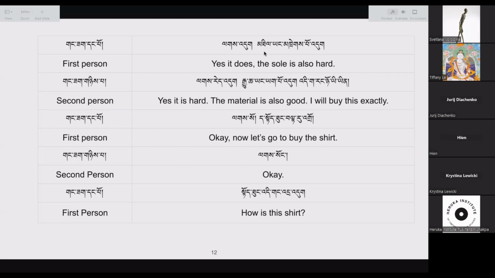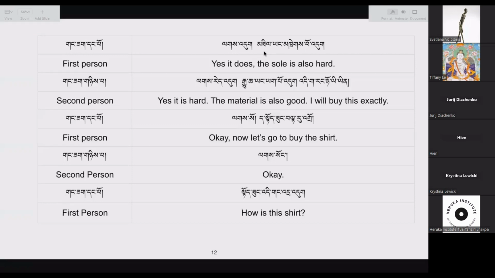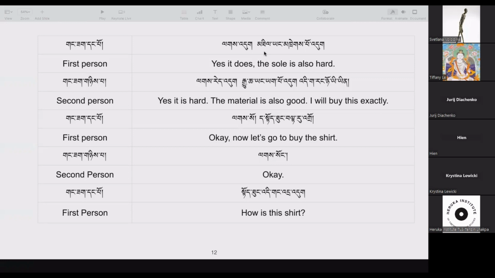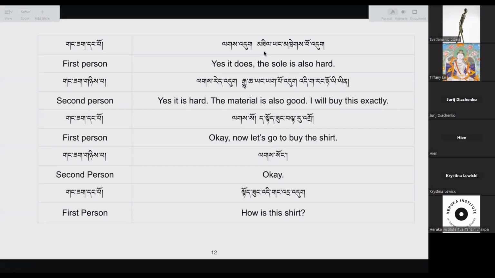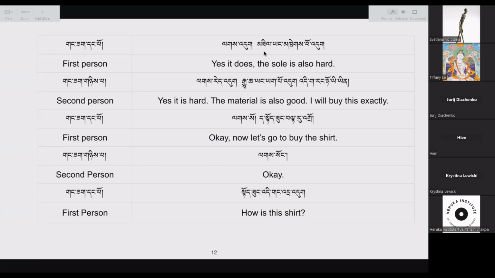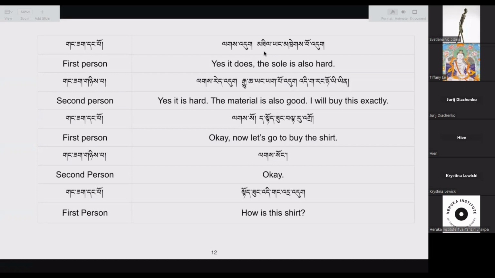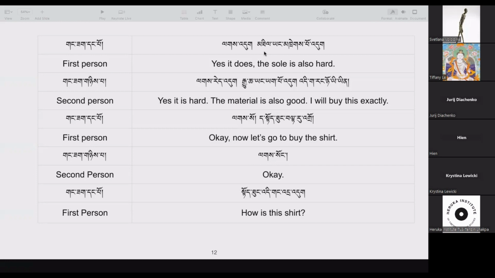So it says that even the sole is very hard, because normally in Tibetan tradition, Tibetan people equate hard with durable and soft with something that wears out easily. So if we say the sole is hard, it means that it will last for a longer time. Thank you, la. Now I understood.